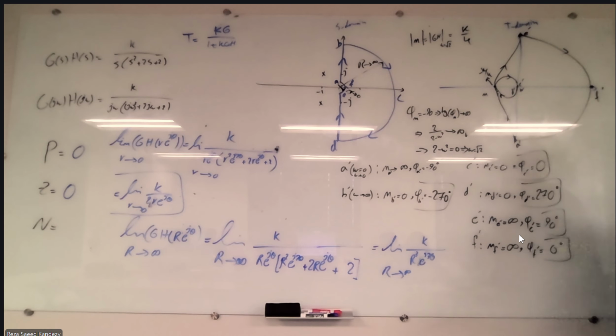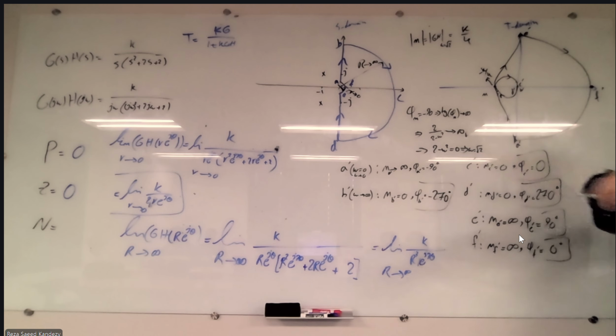We don't know if that is happening below minus 1, so we end up with no encirclement, or above minus 1, so we have one clockwise encirclement. Is that clear what I'm talking about?